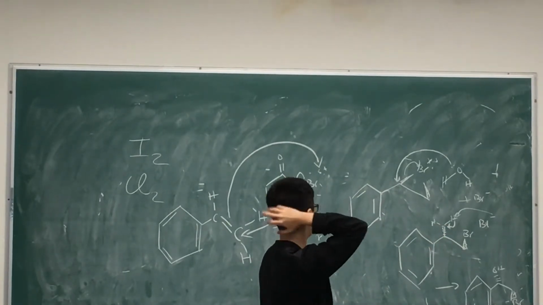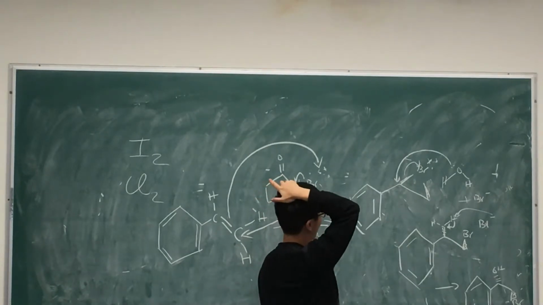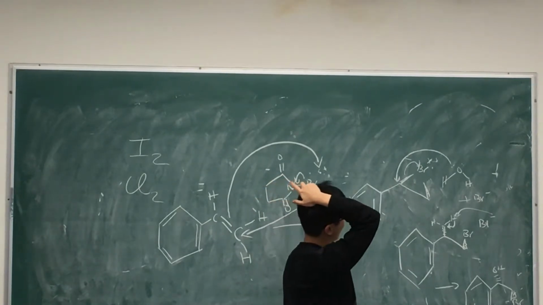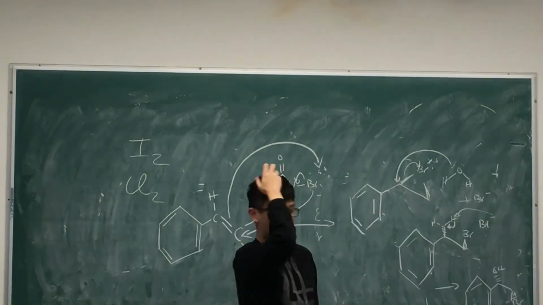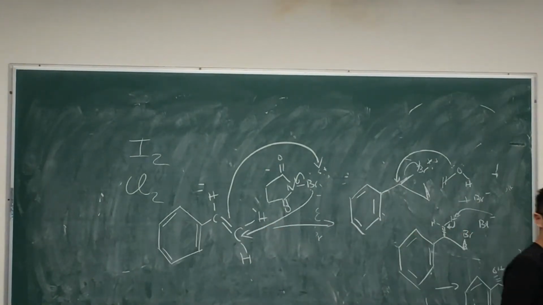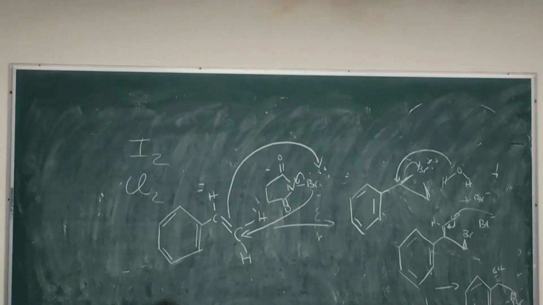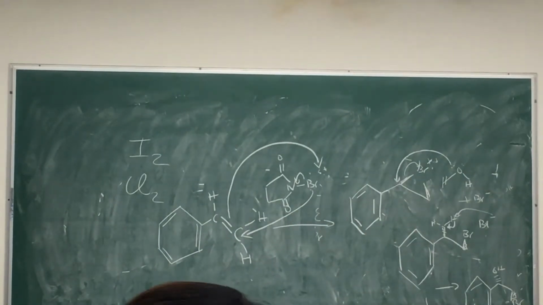But before this, you need to break this one. To form a ring, bromonium ion. I don't know how to explain.